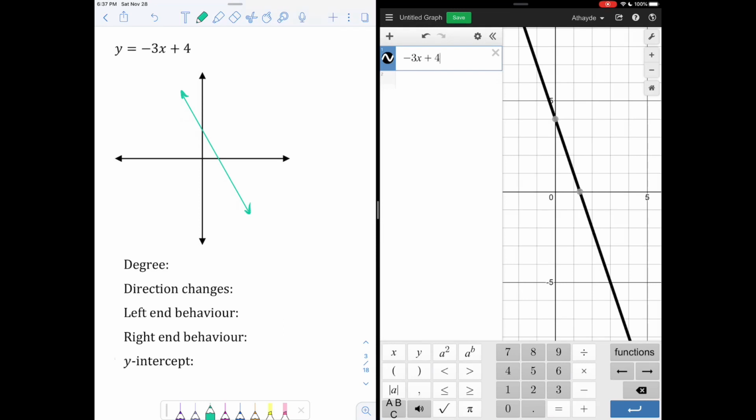But here's what this one looks like, where we can see that the degree is 1, the number of direction changes is 0, and on the left side, as x approaches negative infinity, y approaches positive infinity, but it has different right-hand behavior from all the other 4.